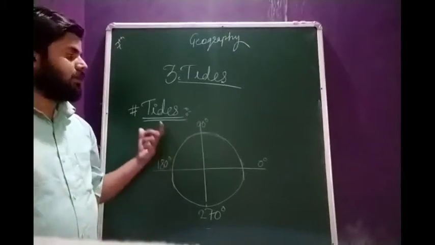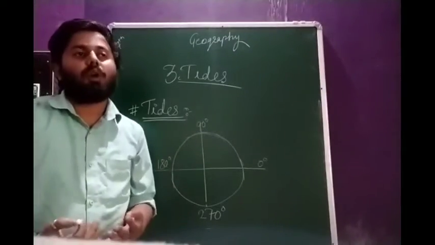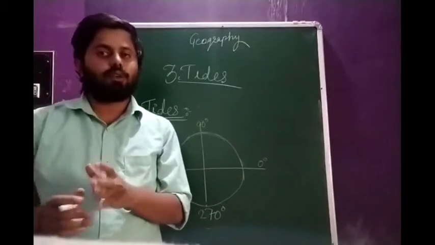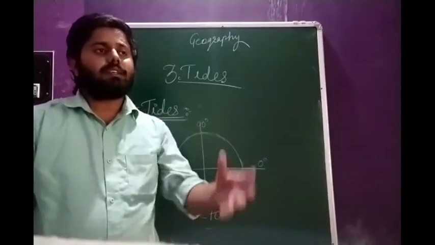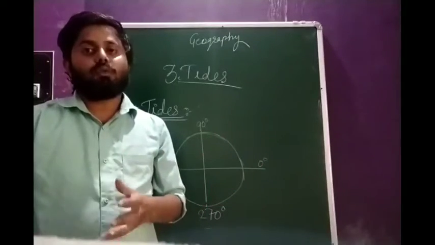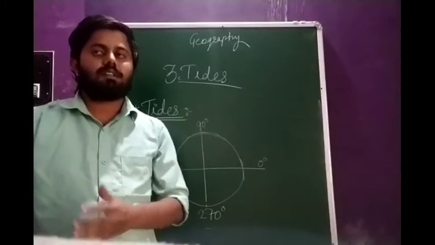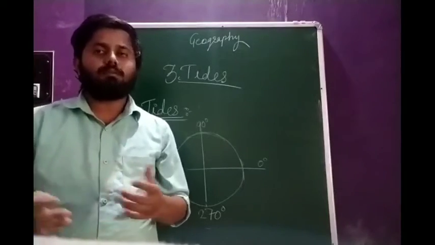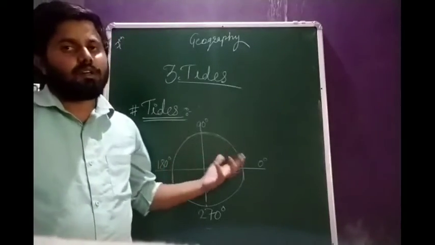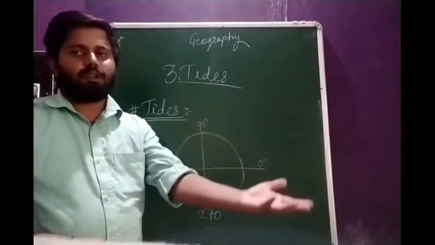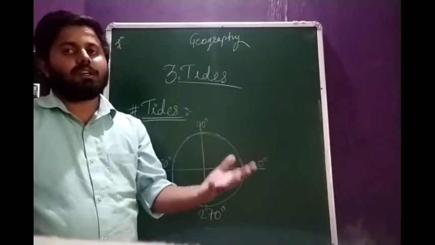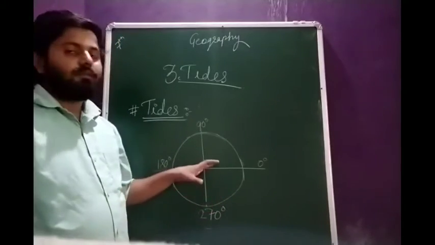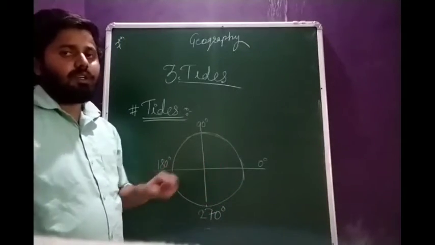Okay, so regarding tides, we consider the distance of the sun and the moon from the earth. We know that the moon is closer than the sun. The sun is very far away from the earth, but compared to that, the moon is closest to the earth, and we all know that whatever is closer, its pull attracts more, and that is why the moon attracts the earth more.